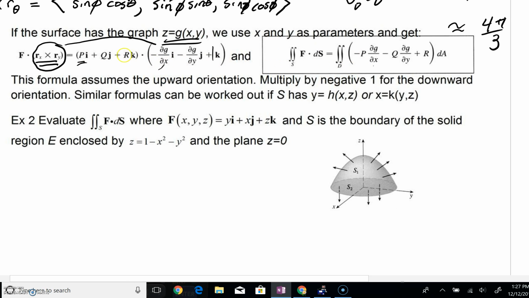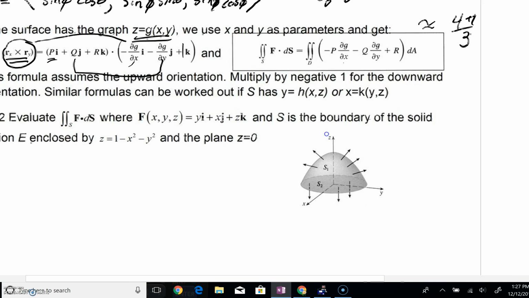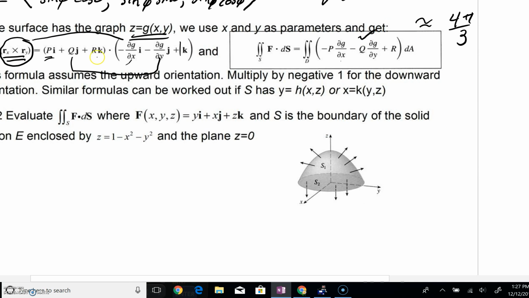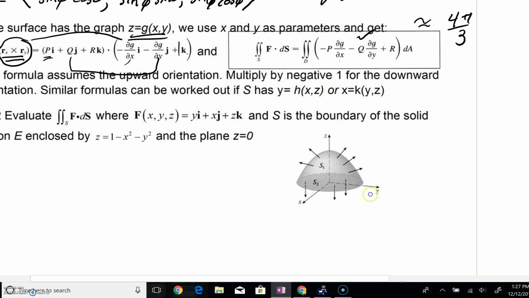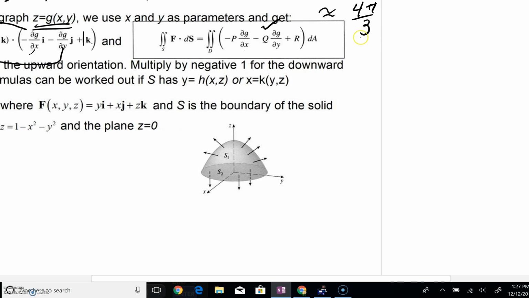You'd say plus Q times negative partial derivative of g with respect to y. You could see that showing up right over here. And then your R gets multiplied by 1. You have this very simple and nice definition for flux.